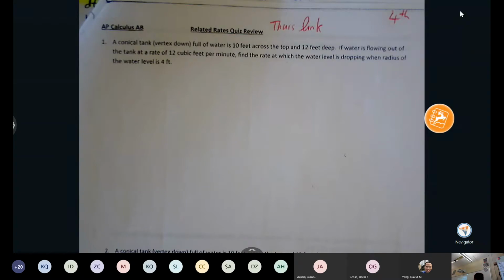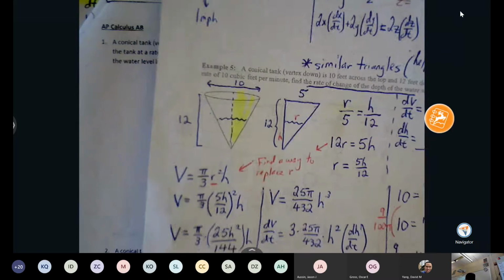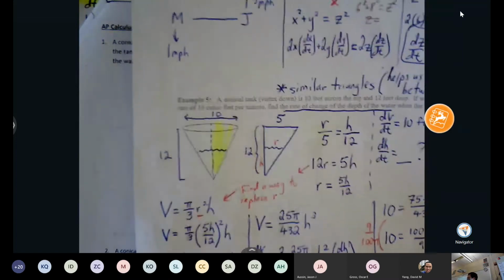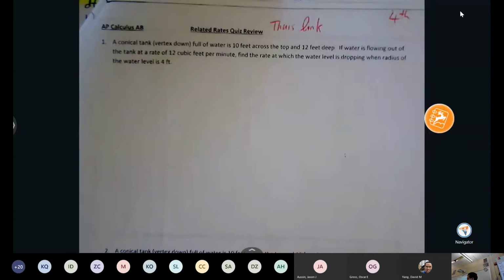Okay. All right, so look at example 5 and see how much of it you can carry over. And as you try to set this up, I will work alongside you.